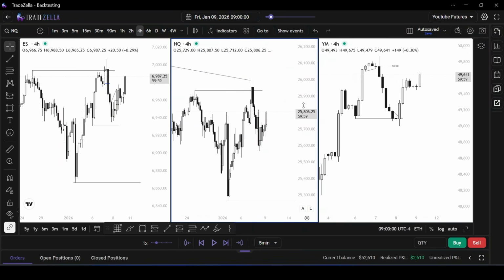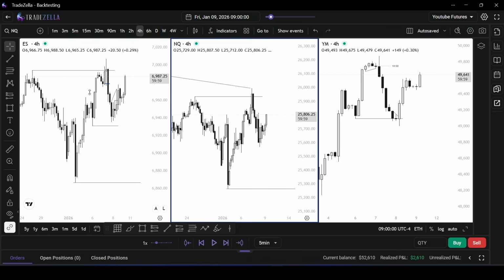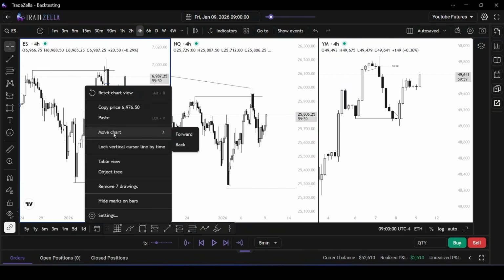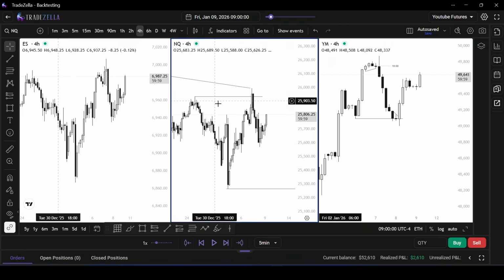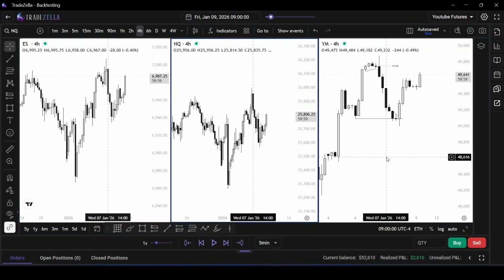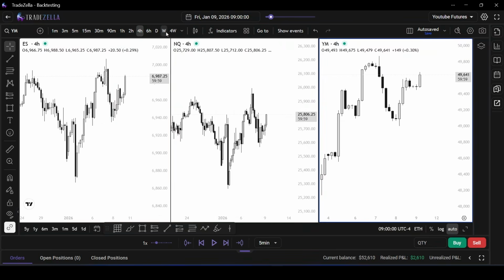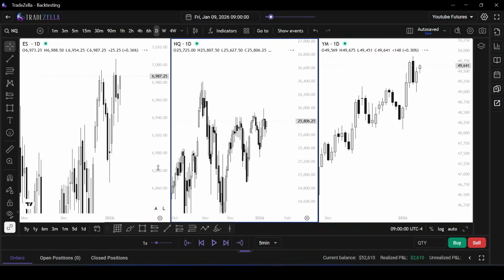Here we are, next day. I'll go ahead and try to clean the chart. We have too many lines. I don't want it to be saturated. Looking at the daily time frame, what can we say?